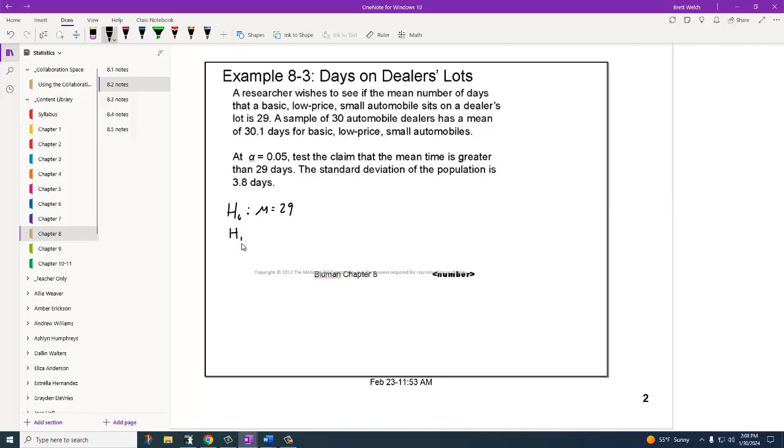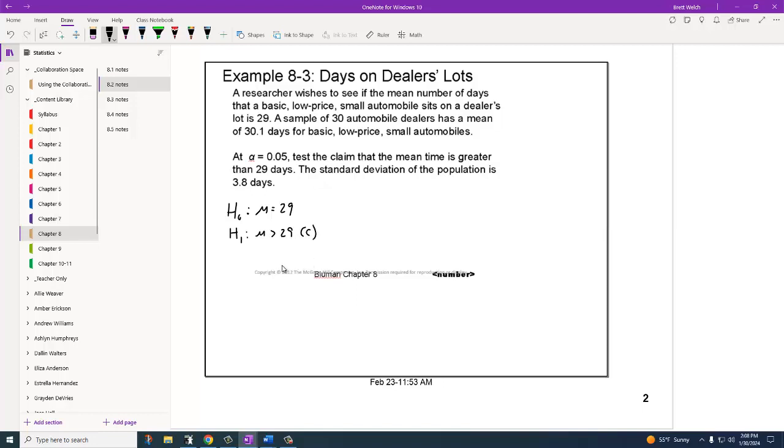Now, when we go to write the alternative hypothesis, we're looking for some information. Is it going to be greater than, less than, or not equal to? If we keep reading, it says to test the claim that the mean is greater than 29. So I'm going to go with greater than 29. And because it says to test the claim, that tells me right now that this must be my claim.